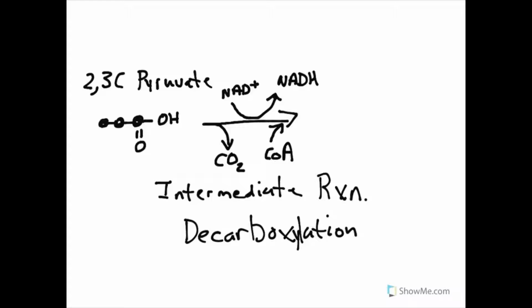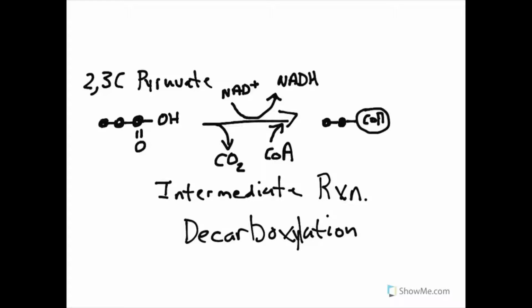What's going to happen is we now have a 2-carbon compound here. Now, a 2-carbon organic acid is called acetic acid. But this does not have the carboxyl group, and instead we're going to have our coenzyme A on it.